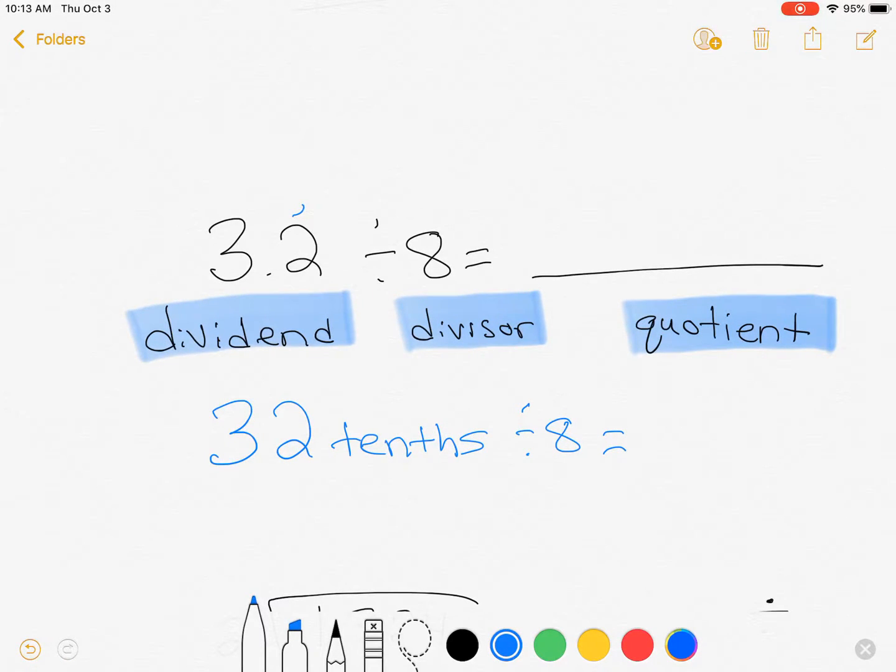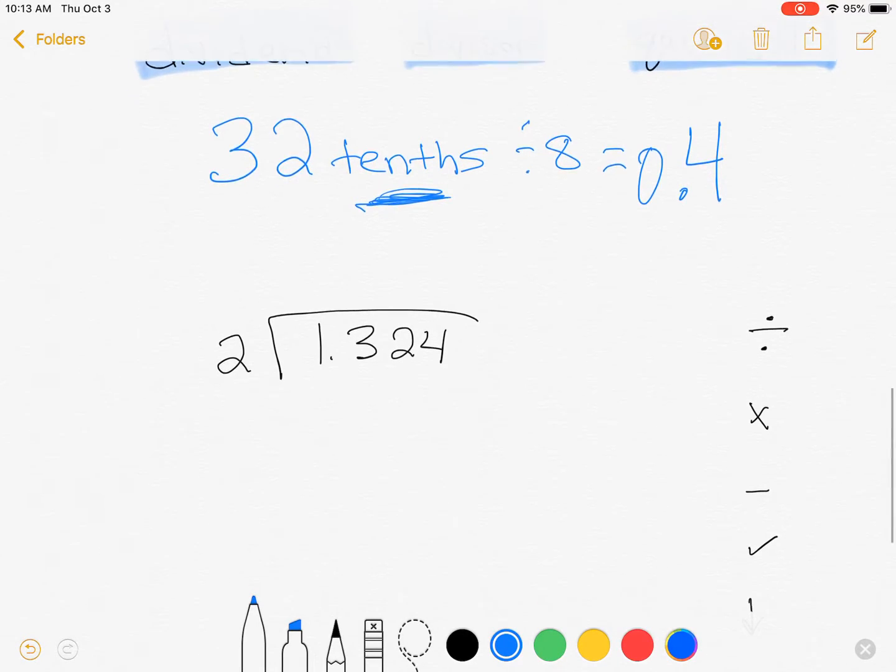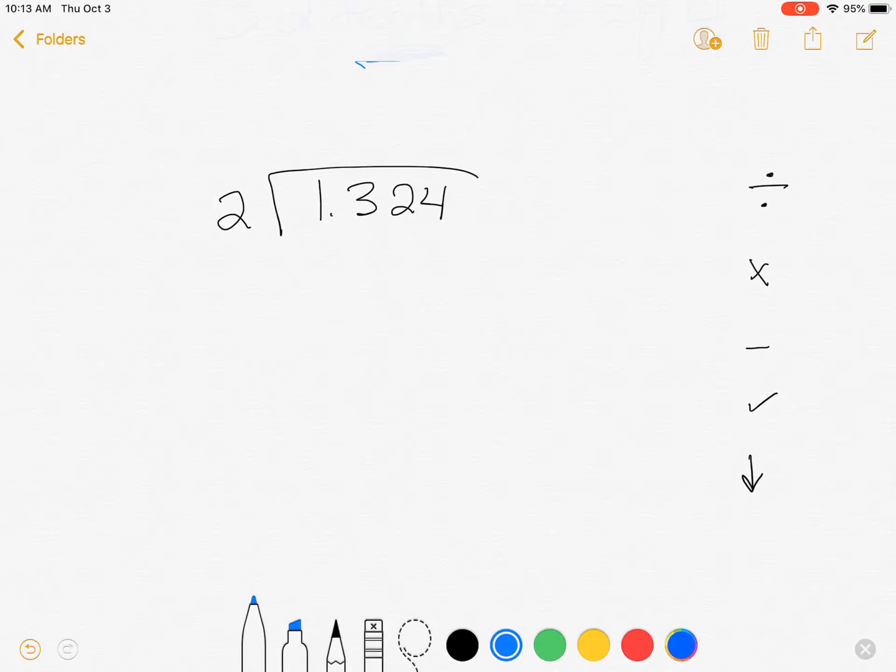What's 32 divided by 8, class? 4. But is it just 4 ones? No, because we are dividing tenths. This needs to be 4 tenths. So our quotient is 4 tenths. There's a couple problems on the test that would be much faster if you just break it into unit form. Now, there will be times where it'll just be easier to use the standard algorithm for division.